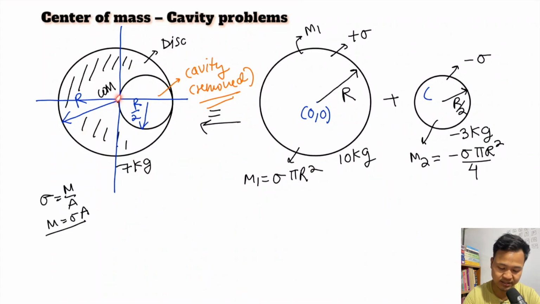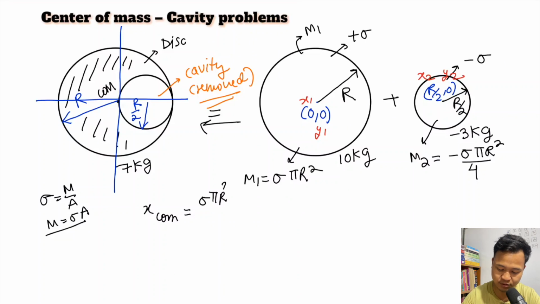So this one is at the origin 0, 0, 0, and the cavity is at r by 2, 0. So now I have m1, m2, I have x1, y1, I have x2, y2. Okay, so apply the formula. So xcom will be m1 x1 plus m2 x2 by m1 plus m2.